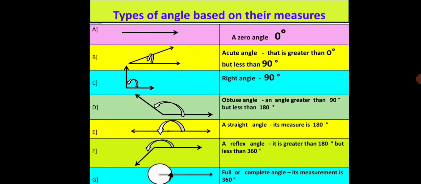Now we will move on to figure F. In this figure a reflex angle is drawn. Its measurement is greater than 180 but less than 360 degree. That's why this angle is known as a reflex angle. Now we will move on to figure G. In this figure you will observe the angle is of complete 360 degree.